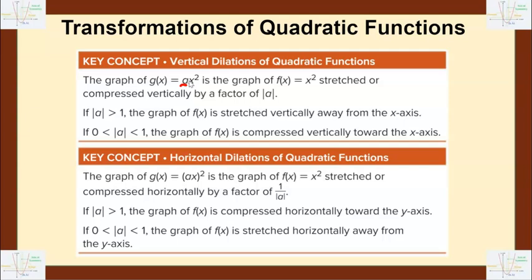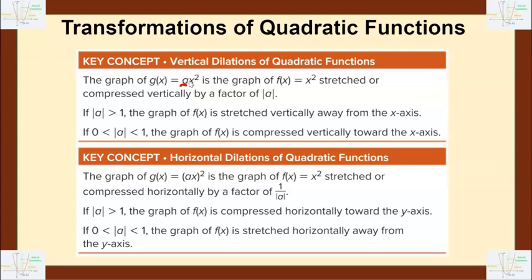If the absolute value of a is bigger than 1, for a vertical dilation, it's going to be a vertical stretch. If a is a fraction between 0 and 1, so the absolute value is between 0 and 1, then it's a vertical compression.